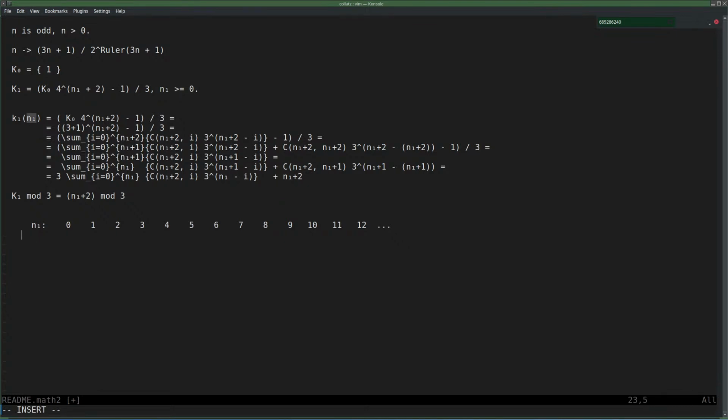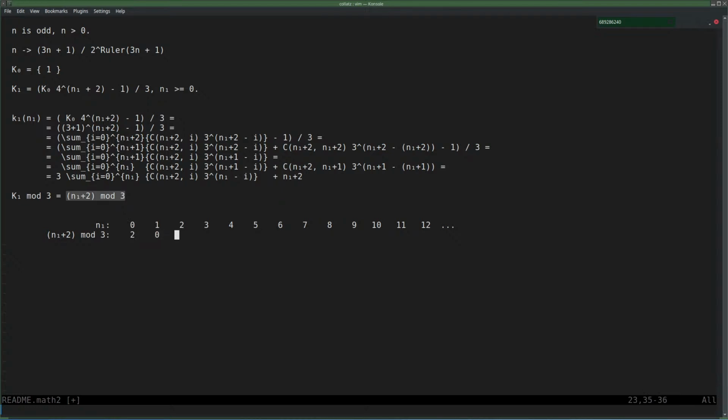And then we do here n1 mod 3. Now 0 plus 2 is 2, mod 3 is 2. And then every time we increment n1, we go to the next value, modulo 3.